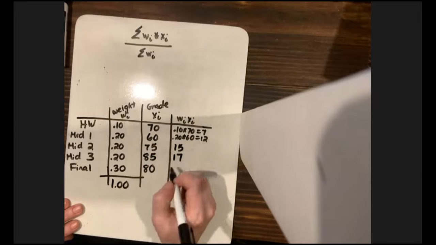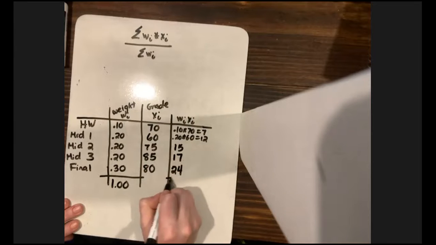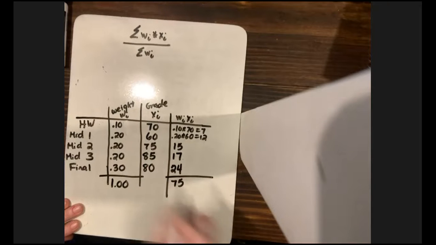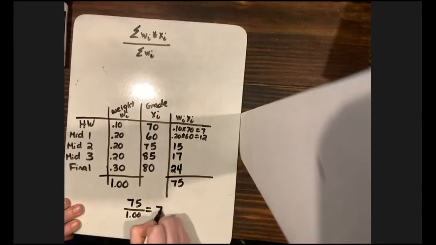And 0.30 times 80 is going to give me 24. Now, when we add that up, we get a grand total of 75. Following our formula, we're going to have 75 divided by 1.00, which is going to be that Jacob has a 75 for his overall grade.